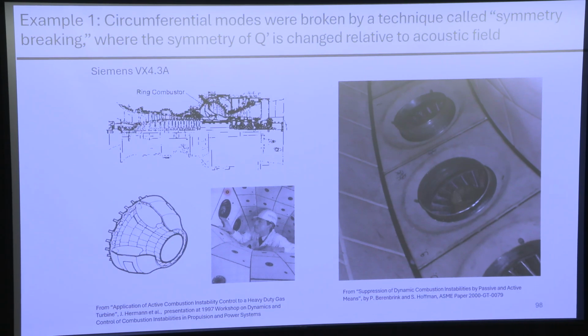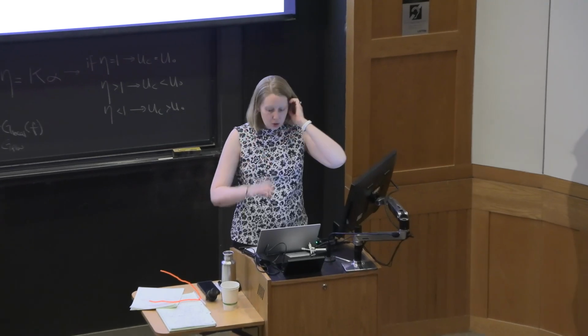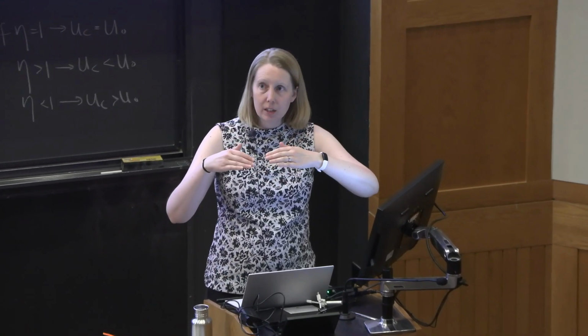And so one of the ways that you can suppress a circumferential mode is by introducing asymmetry into the geometry of the system. This is a process called symmetry breaking. If you are not symmetrically feeding the acoustic mode heat release rate energy around the annulus, you basically decrease the Rayleigh index, right?